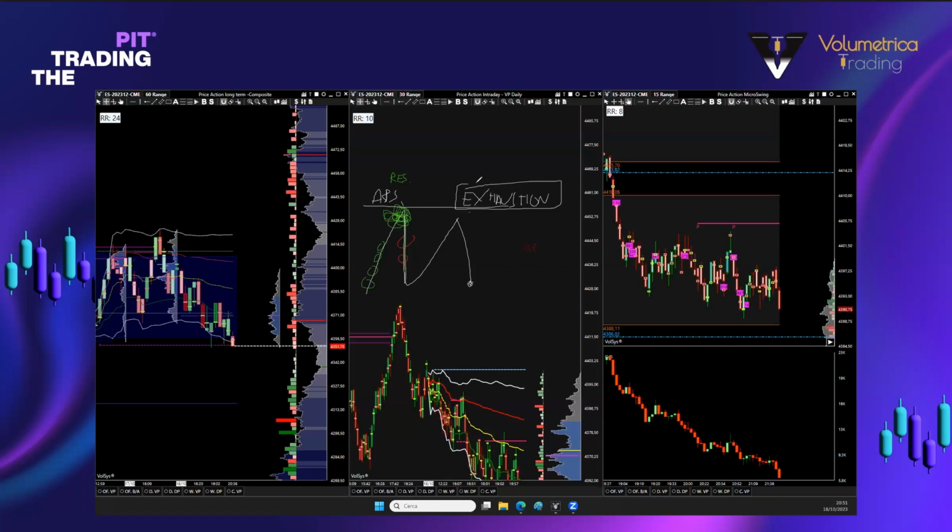Because here I have the creation of the support, and here I have not only the confirmation that the support or resistance has held in terms of price reaction, but also a further confirmation that that area was good.